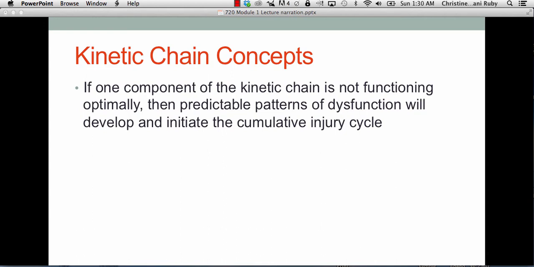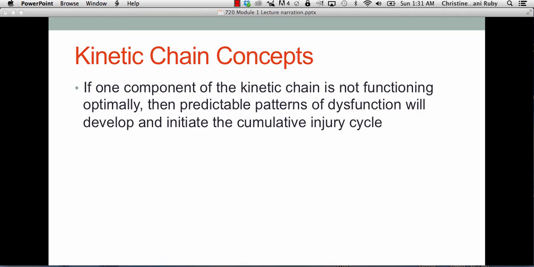So when we hit the ground, we're not as good at shock absorption. We maybe have a different movement at the ankle, and the tibia is put in a different position. Therefore, the knee moves differently. Therefore, the femur moves differently. Therefore, the hip moves differently. And ultimately, that can affect the pelvis, which can affect the spine.